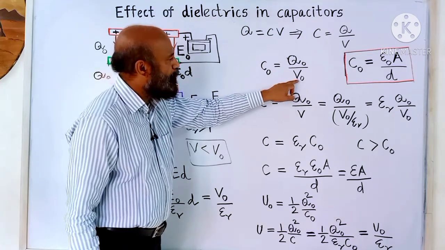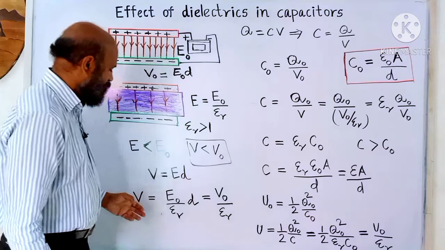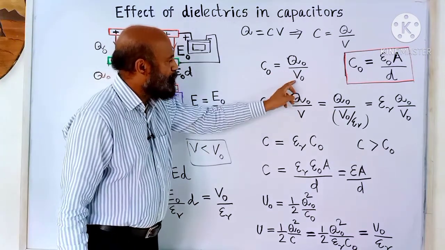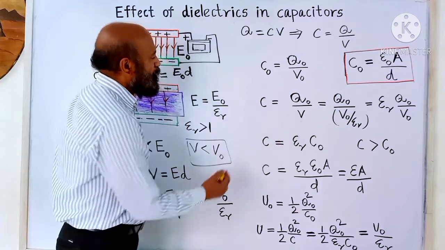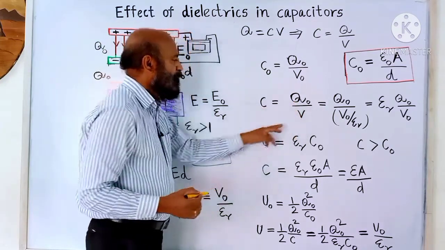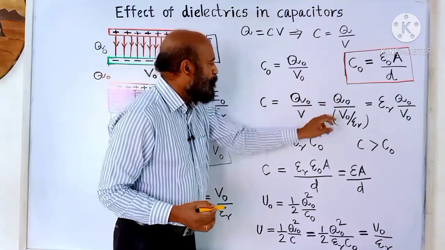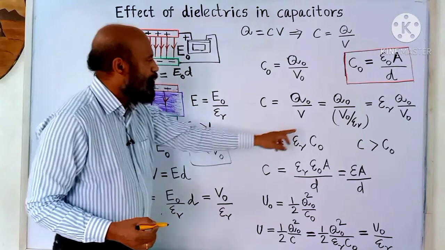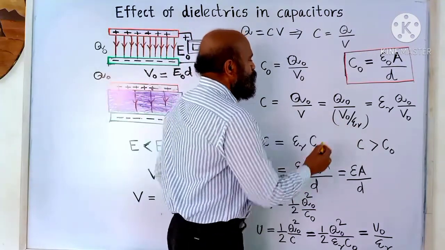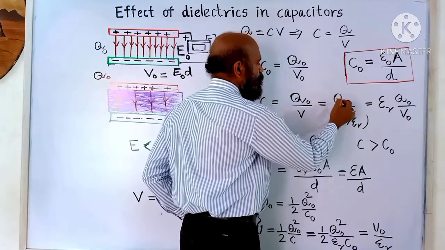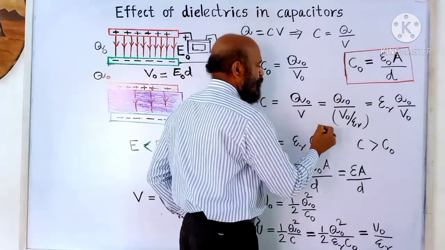The potential difference between the plates is, as per this expression, reduced. So instead of V0 you can write V. Now this is the new capacitance. C is equal to Q0 divided by V. For V we can write V0 by epsilon R. So it can be written like this. This epsilon R will come to the numerator.